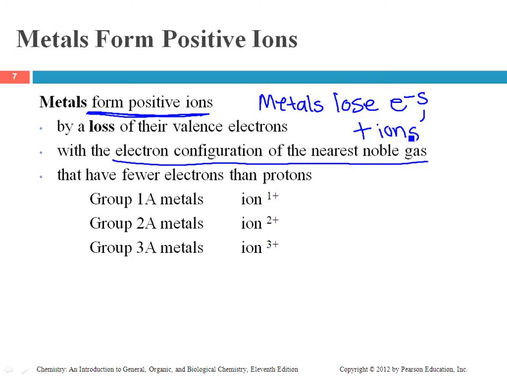And not only this, we've used our periodic table and we've seen how in chapter 3 we can determine trends and configurations from the periodic table. But we can also look at the periodic table, and for our group 1A, 2A, and 3A metals, we can use that group number, which corresponds to the ionic charge, or the ion that that metal will form.